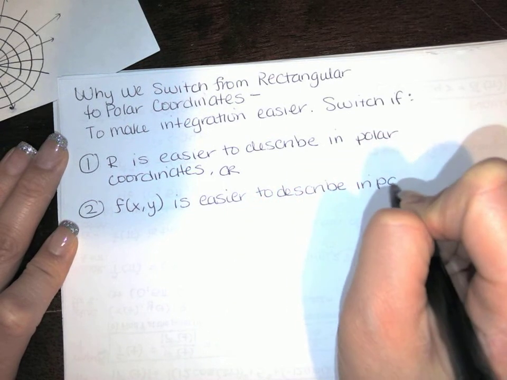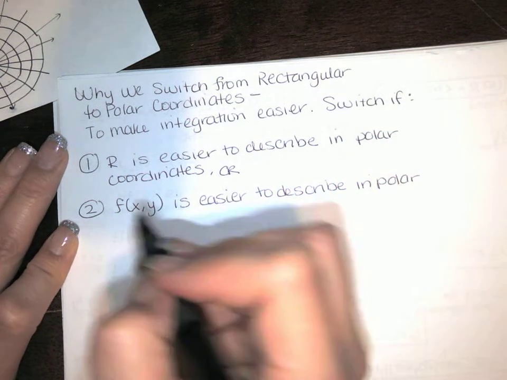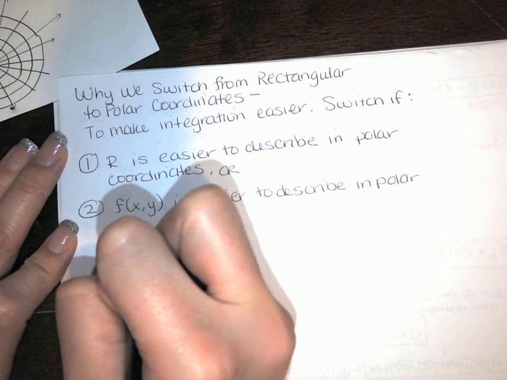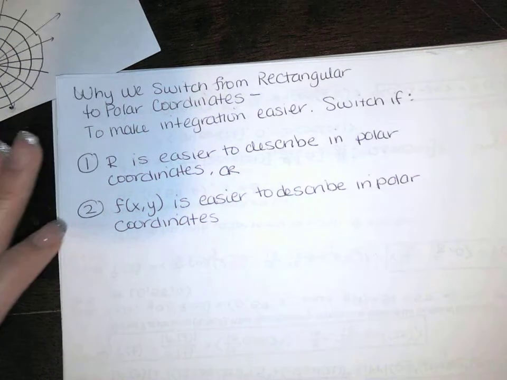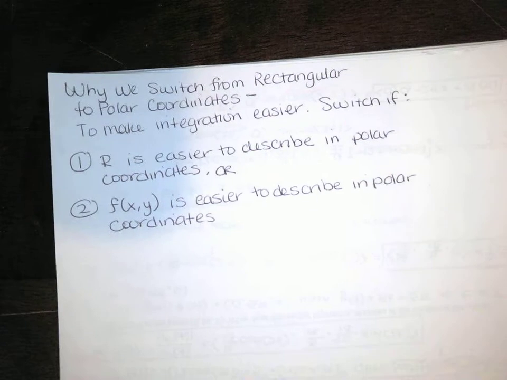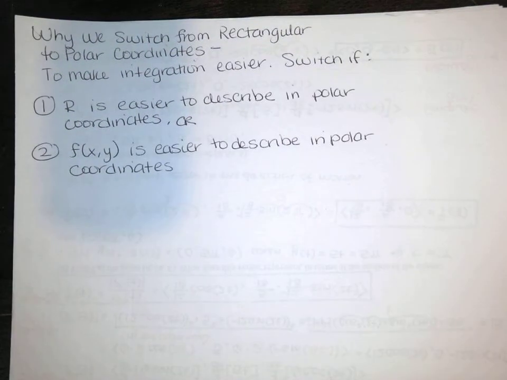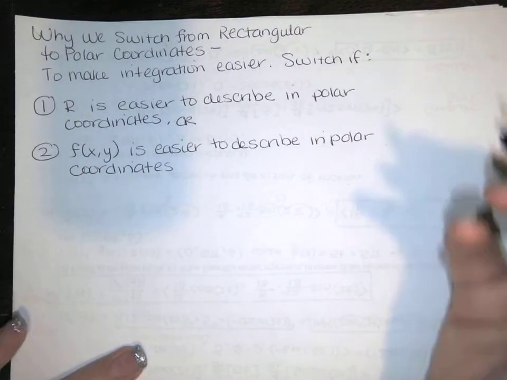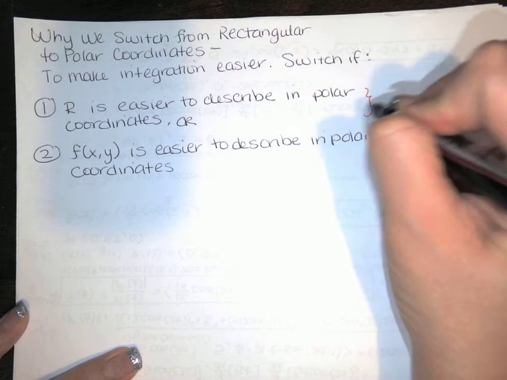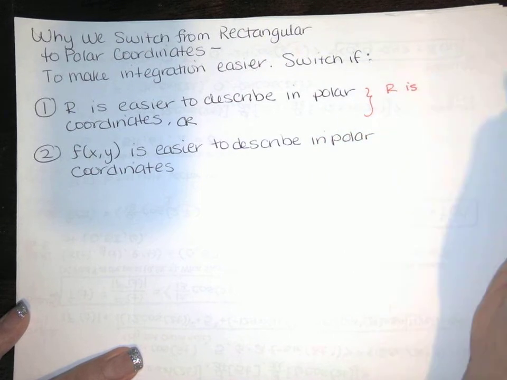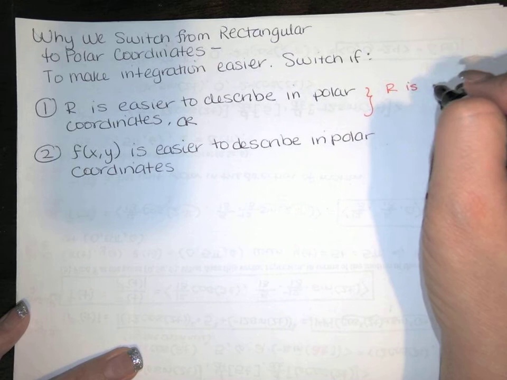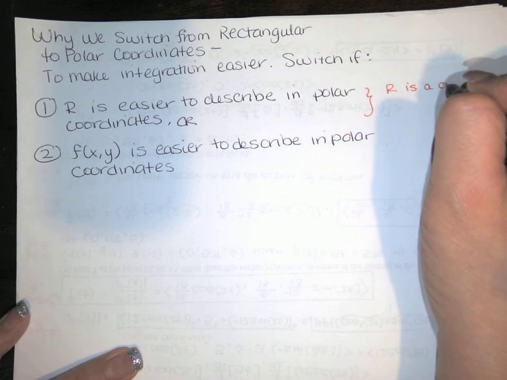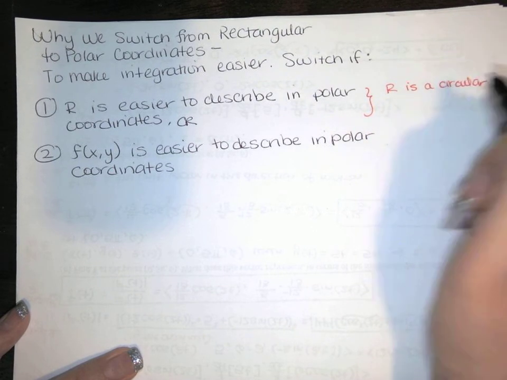And if you're saying to yourself, how will I know when it's easier to describe in polar coordinates? Let's describe that now. R is easier to describe in polar coordinates if R, the region R, is a circle or part of a circle. So we call that a circular sector.